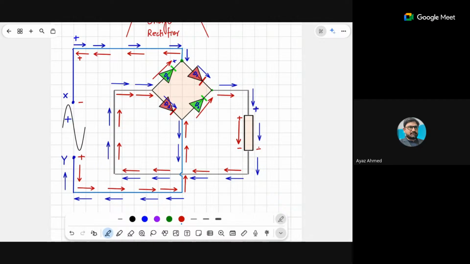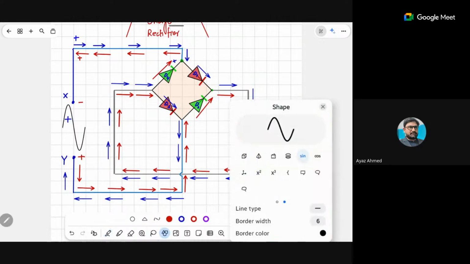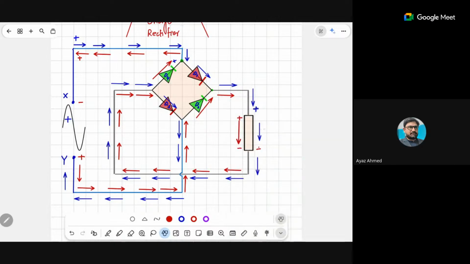Clear, beta? Okay. Now, for the input cycle, the input was basically something like this, and you got this as an input cycle.